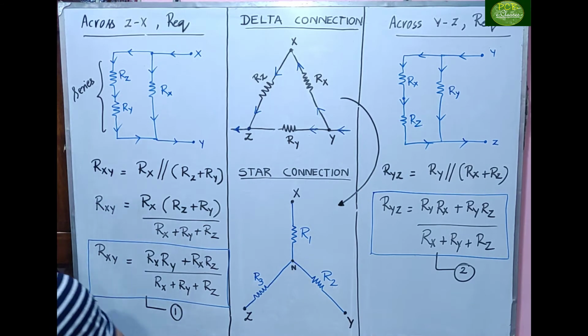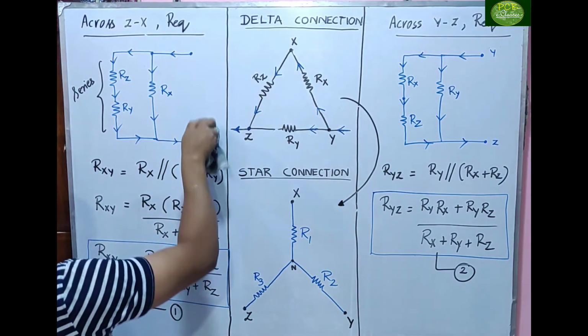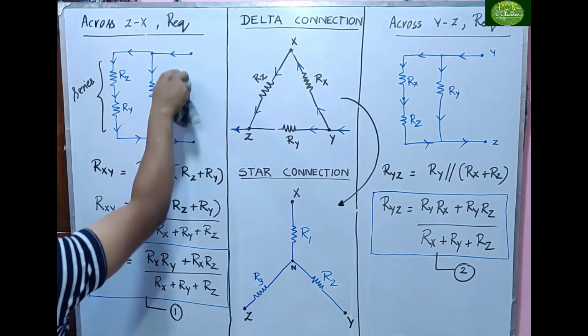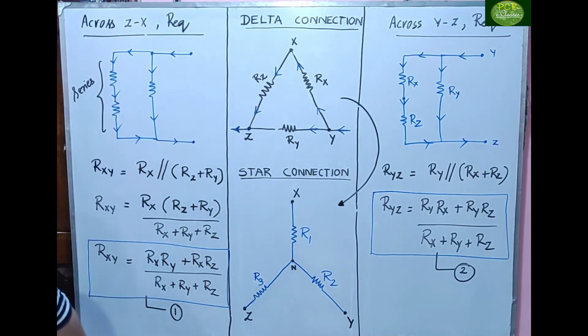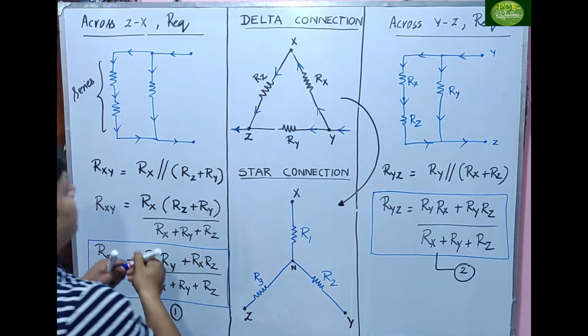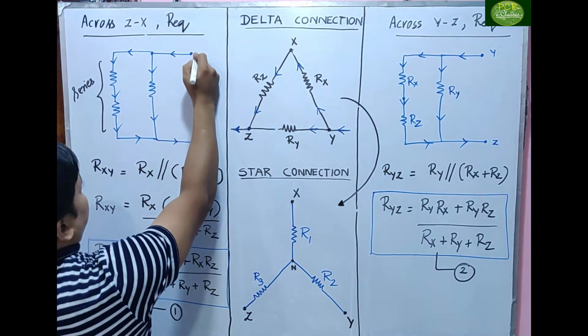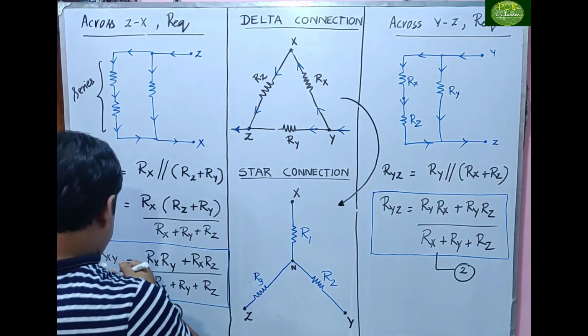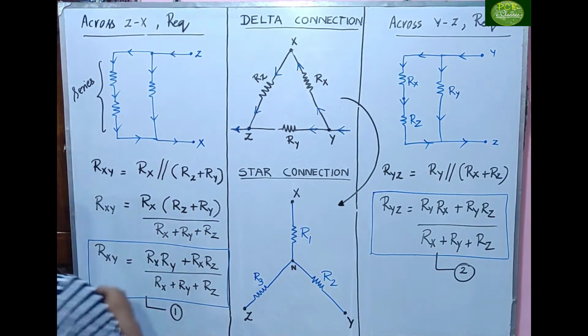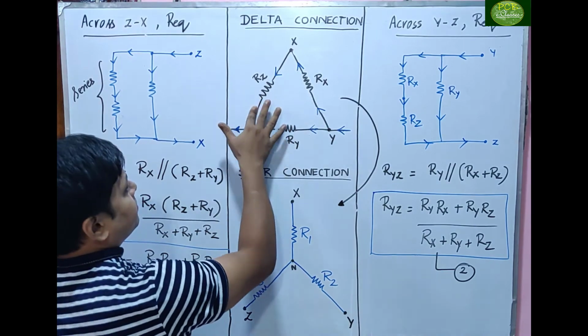My diagram will be the same way it will be there. The terminals will be different. And the resistance will be different. What I'll make here, I'll take this one as Z, this one as X. Let me change the current here.